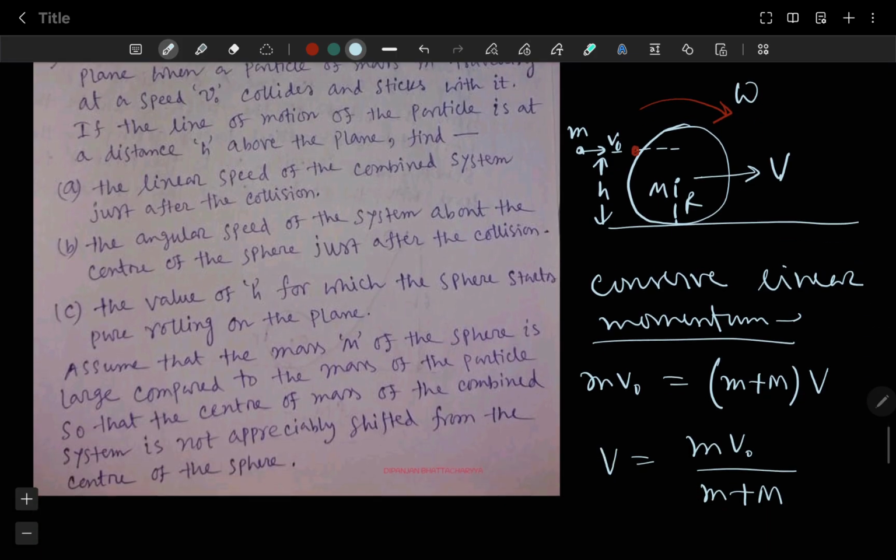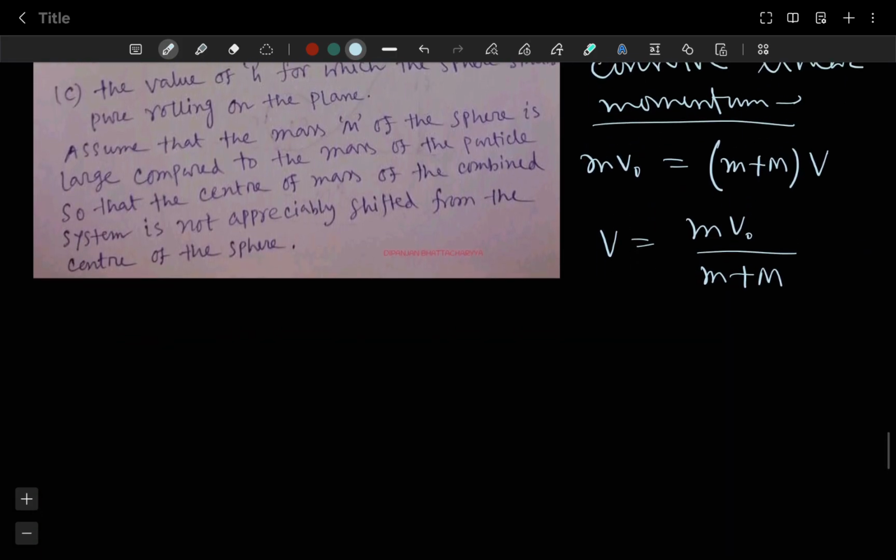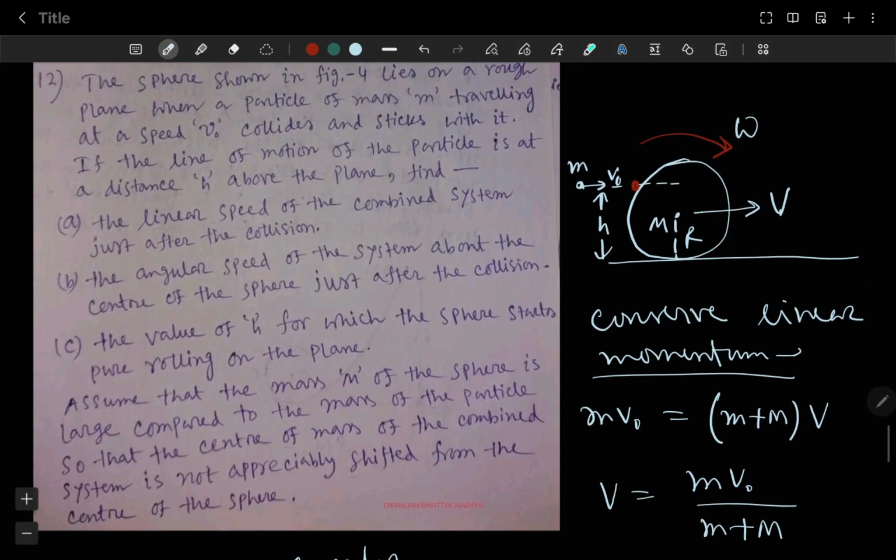The angular velocity is omega. So now they ask you to find omega just after the collision. Now conserve angular momentum. Before hitting, the angular momentum about the center, this height is h minus r, right?